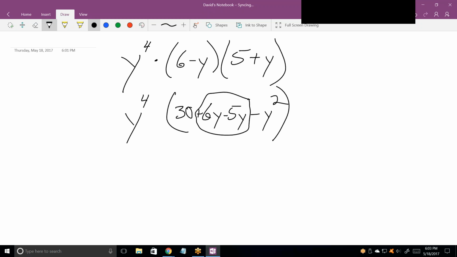In other words, there's not going to be any other numbers and there's not going to be any other y squareds. Right. So the only thing you have to combine are those two terms. Now what's the last row? Y to the 4th times negative y squared plus y.